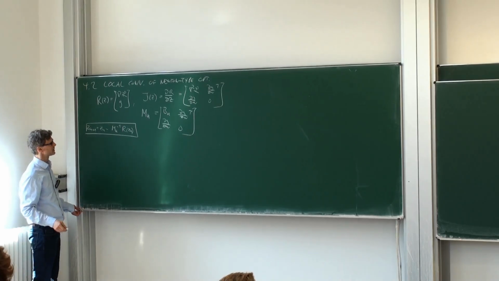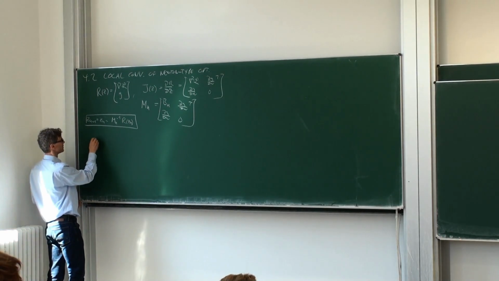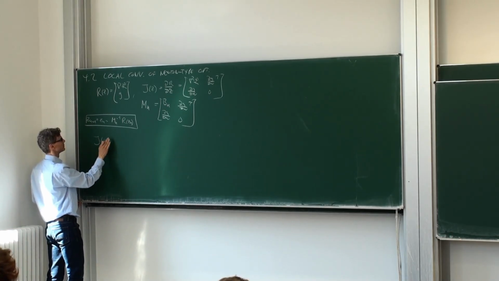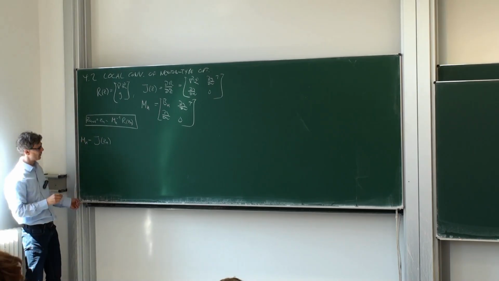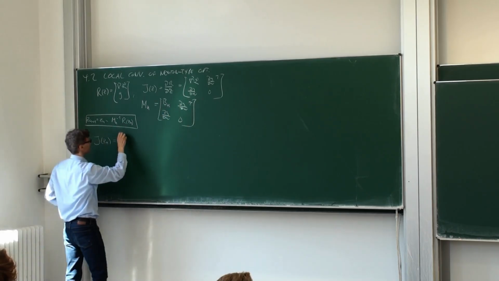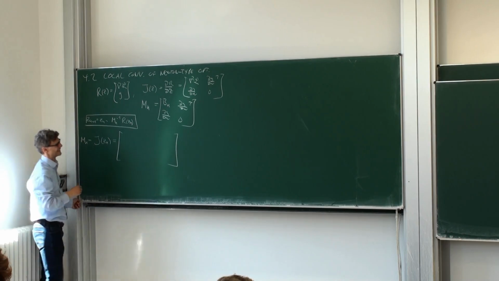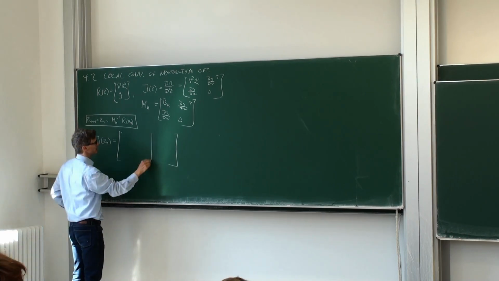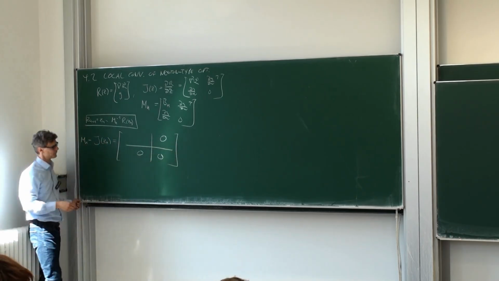So I want to just compute the terms that are necessary, and the main term is Mk minus J of zk. What is this? It is a matrix which, due to the fact that we choose the constraint Jacobians to be equal, will only have non-zero entries at the upper left corner.